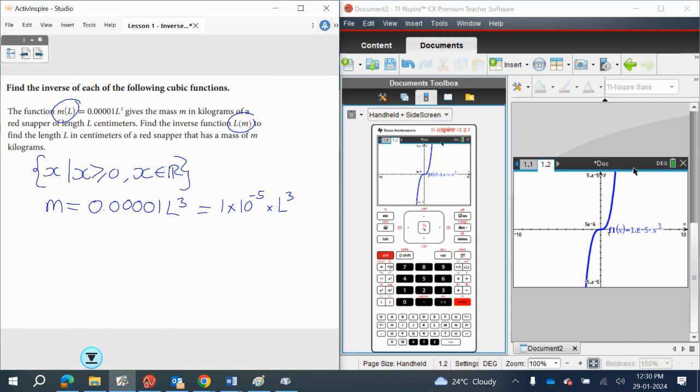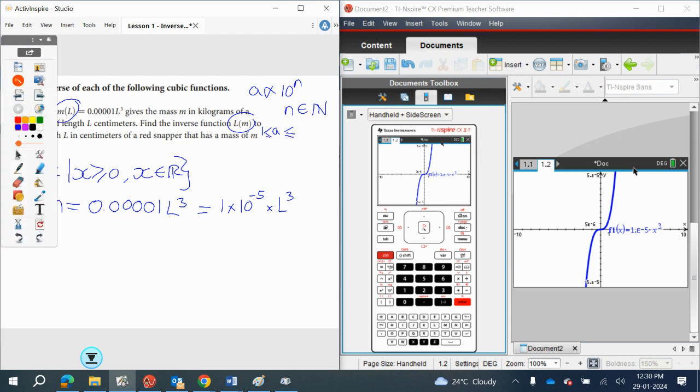Standard form is always a times 10 to the n, where n is an integer, and a is between 1 and 10.